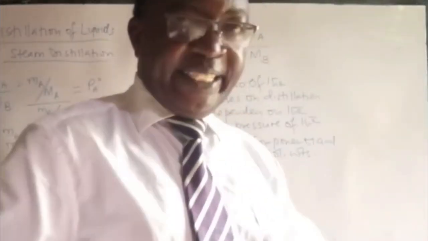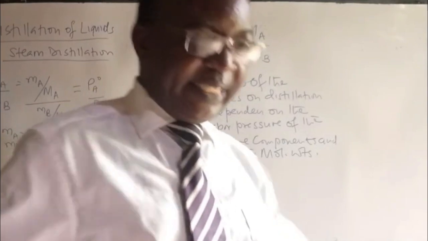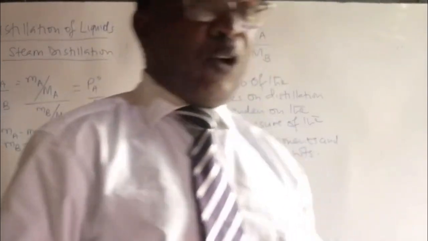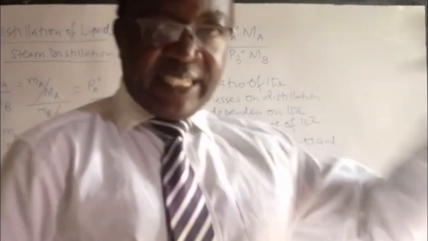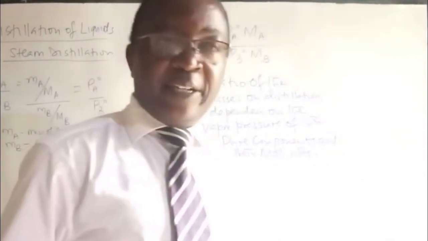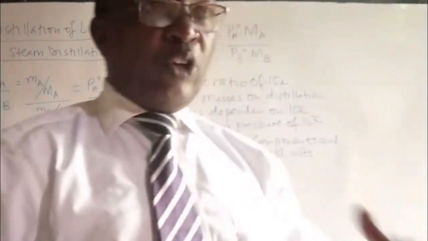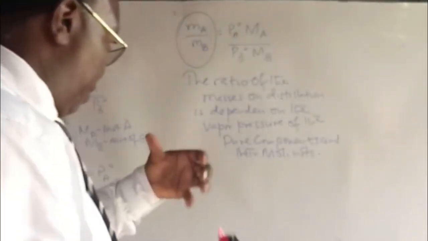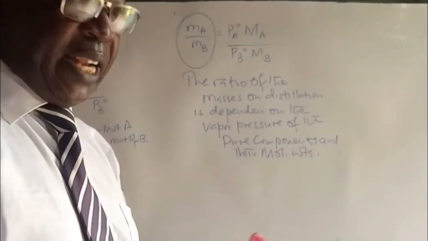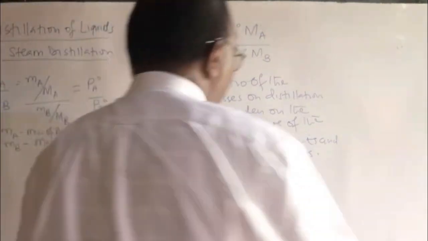Think of it as having an assistance, for example, from the water. So you will quickly reach that atmospheric pressure which you have to balance so that the thing boils. The mixture boils at a lower pressure than that of the individual components.